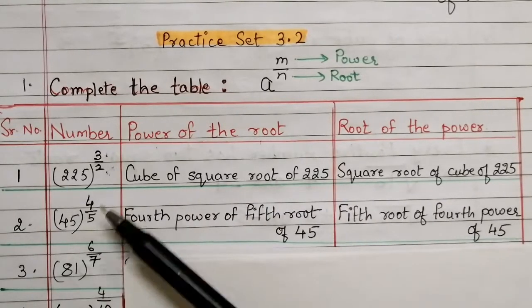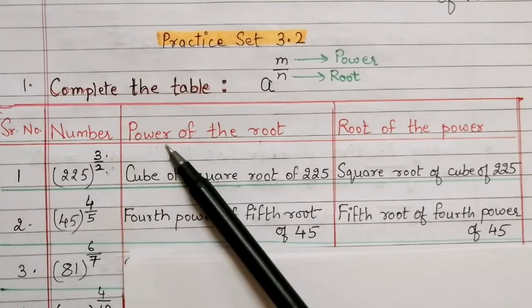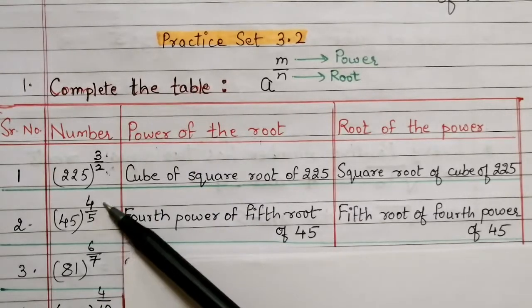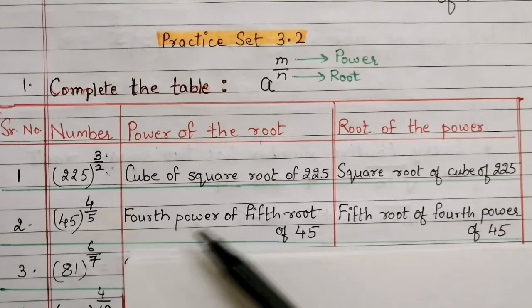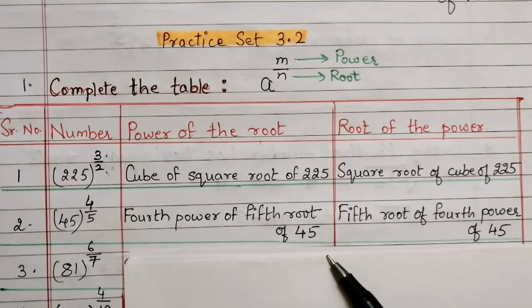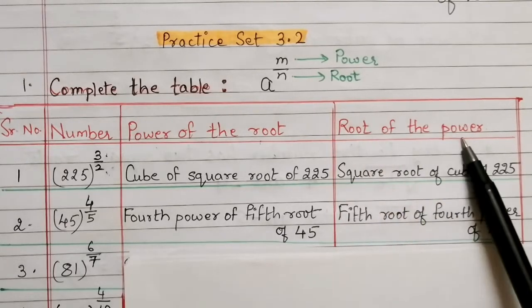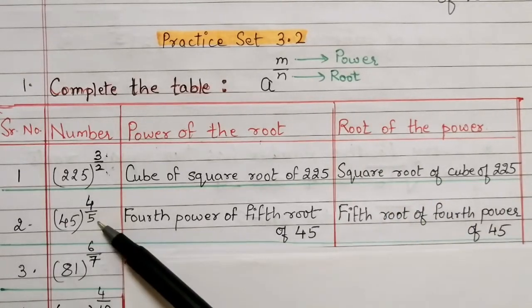Next one. Now power of the root means we say the power first. What is the power? 4. So fourth power. What is the root? Fifth root. So fourth power of fifth root of 45. Here, root of the power, so we have to say the root first. So the root is 5. So this is fifth root of fourth power of 45.